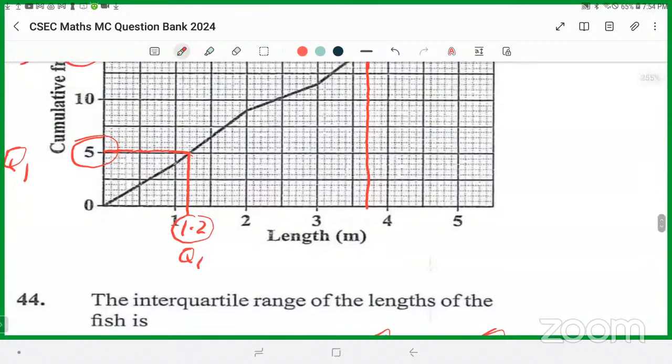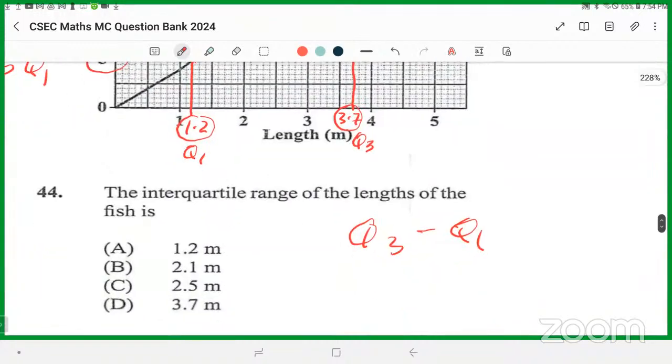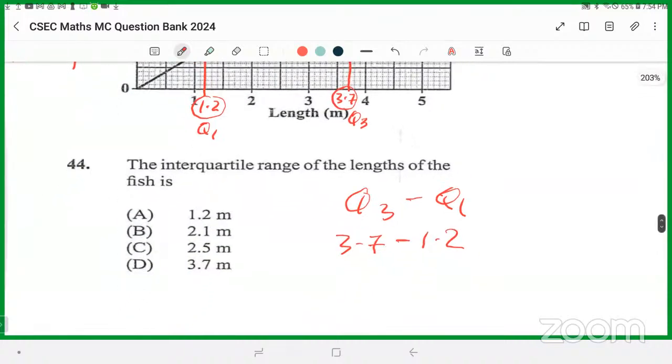And this now is 3.5, this is 3.7. That is your Q3. So we are doing 3.7 minus 1.2, which is 2.5. So the answer is 2.5.